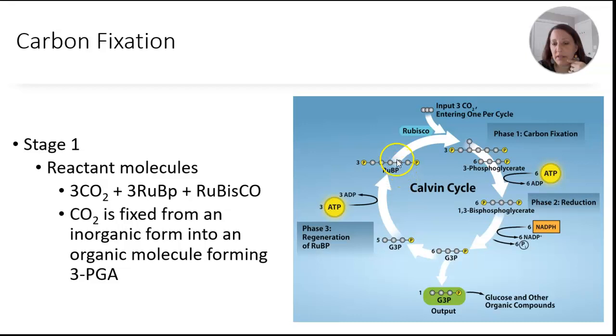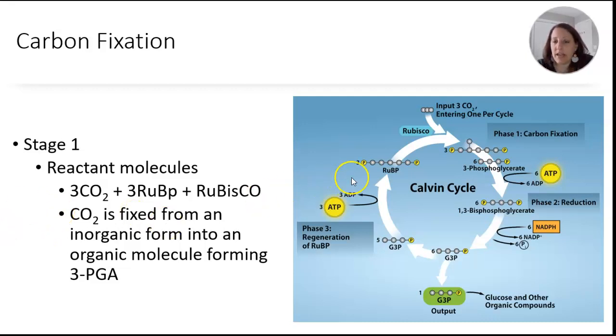with RUBP, ribulose bisphosphate, and we end up with 3-phosphoglycerate, which can also be shown in shorthand by 3-PGA. Okay, so carbon dioxide comes in through the stomates. It's from the atmosphere, and carbon dioxide is an inorganic molecule.